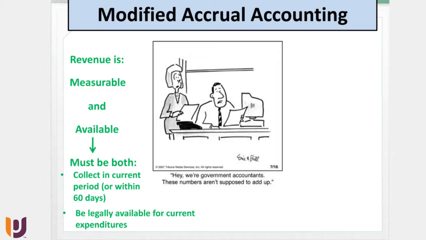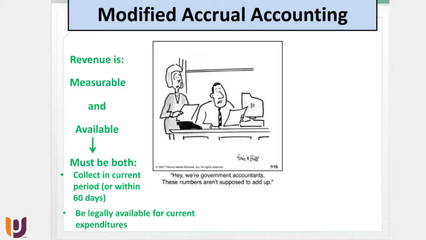A business records revenue when a substantial portion of its production and sales activities have been completed and the collection of the revenue can be reasonably assured. Governmental entities receive revenue as a result of such actions as collecting taxes.